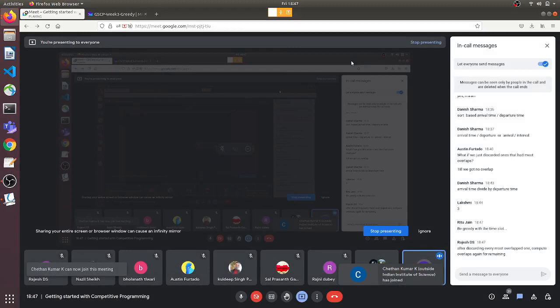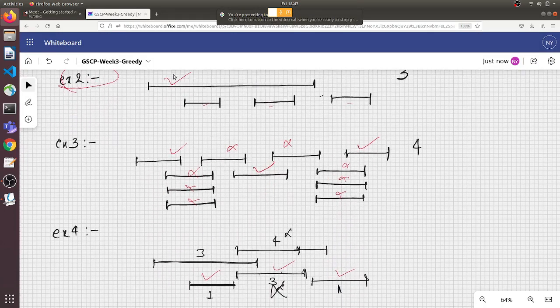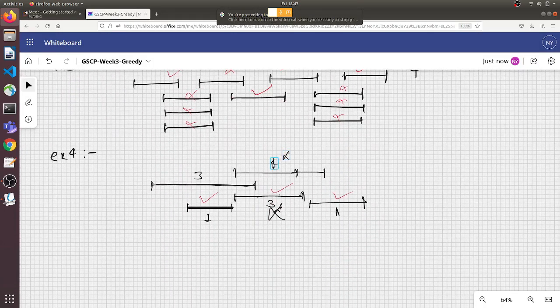After discarding every most overlapped one, compute overlaps again for the remaining. Yeah, okay, for this one you were saying, when we discarded this thing, this one will have one overlap and this one will have two overlaps.